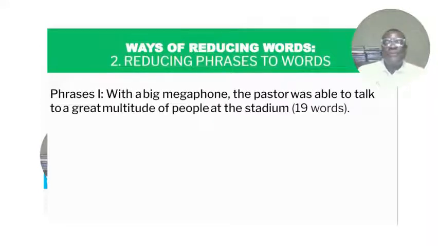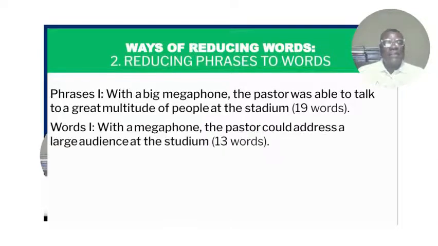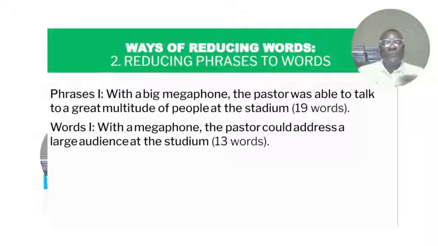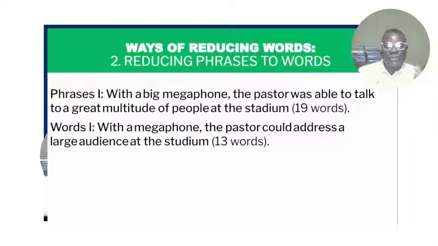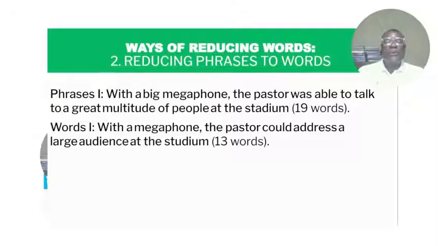Let's look at method number 2, reducing phrases to words. For example, with a big megaphone, the pastor was able to talk to a great multitude of people at the stadium. Now, we can pick a phrase there. With a megaphone, the pastor could, you see, we have changed was able to a single word could, okay? With a megaphone, the pastor could address. We are changing talk to address.